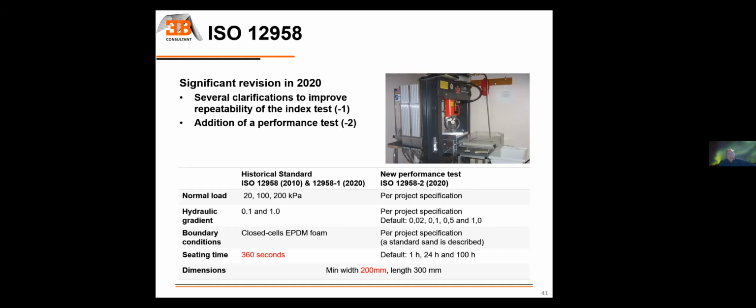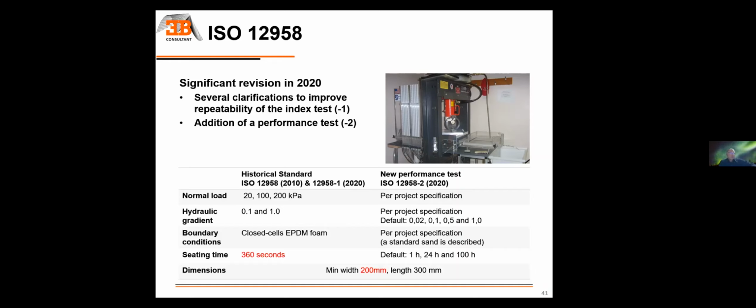A standard sand is described because it's always good in standards to have a repeatable value, but it's also possible to use the site specific soil. And for the sitting times, we're increasing a lot from 360 seconds to 100 hours.